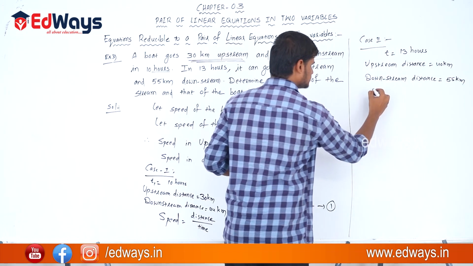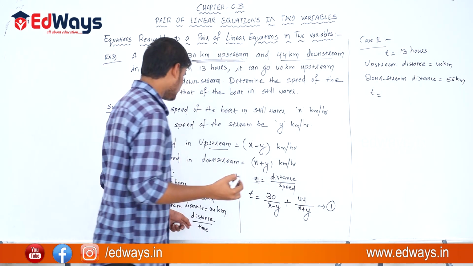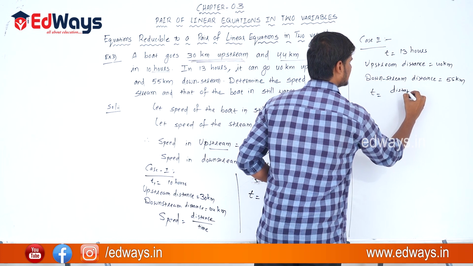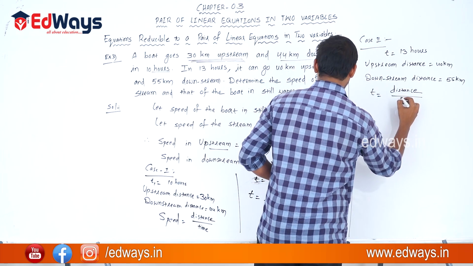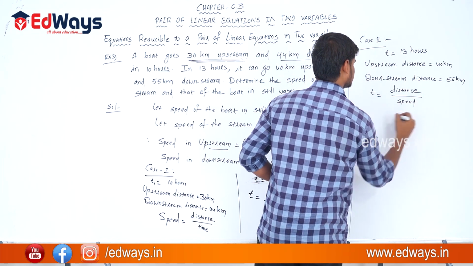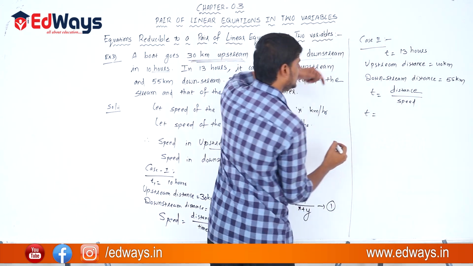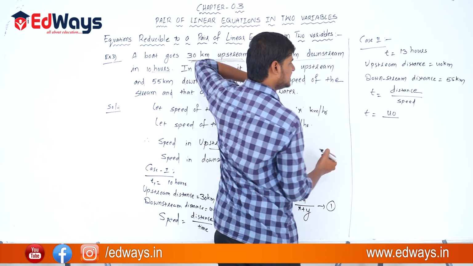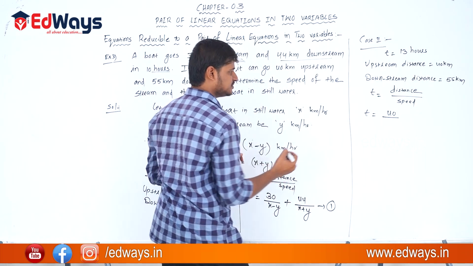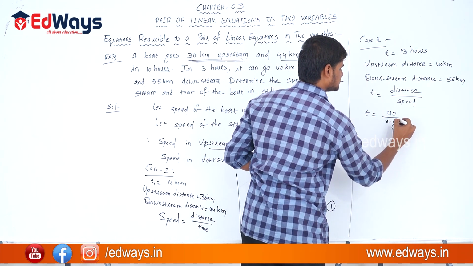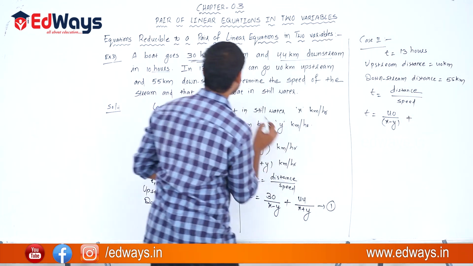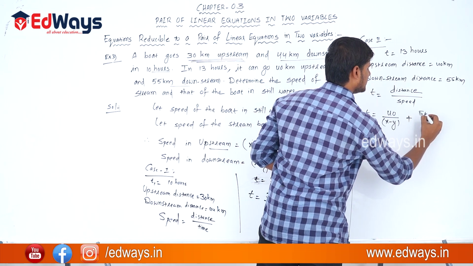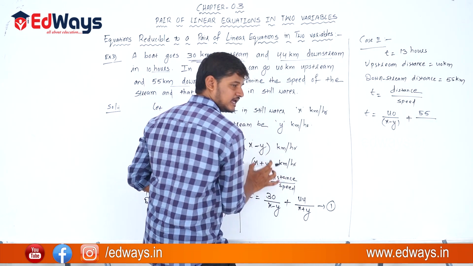Again, time is equal to the same formula, distance by speed. So we have upstream distance and downstream distance. So t is equal to, in the upstream, 40 kilometers by speed in the upstream, x minus y, so 40 by x minus y, plus next 55 kilometers in the downstream, so 55 by downstream speed, x plus y.